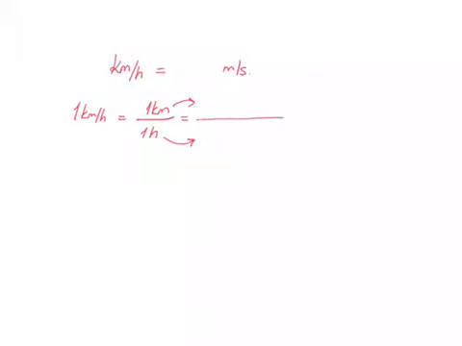So 1 kilometer is equal to 1000 meters and 1 hour is equal to 3600 seconds. So you see that I have the unit meter per second. So these zeros cancel and I have 10 over 36 meter per second. So I can say that 1 kilometer per hour is equal to 10 over 36 meter per second.